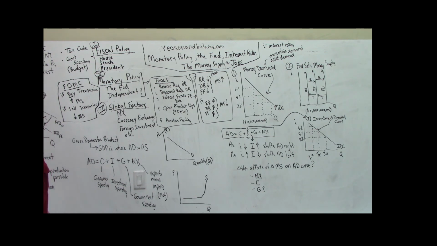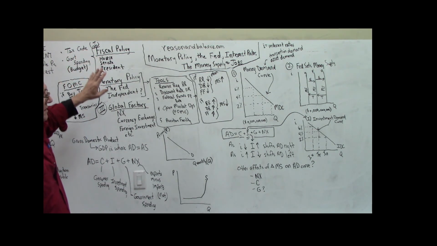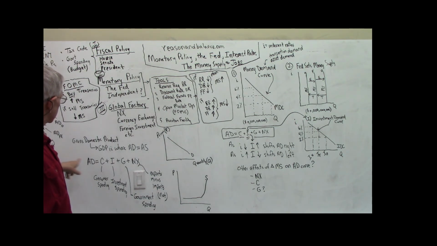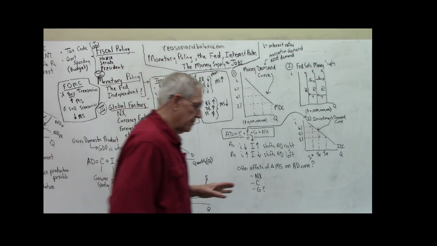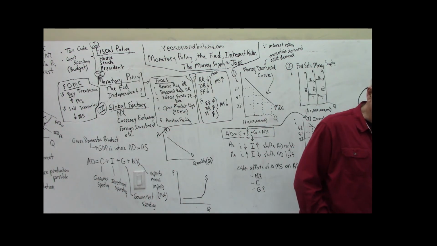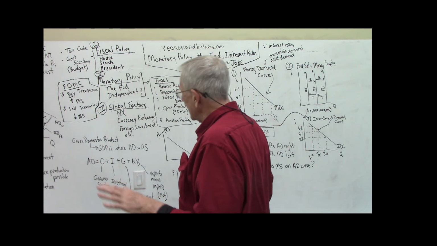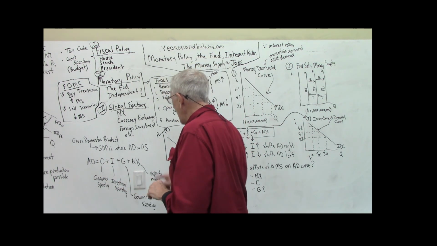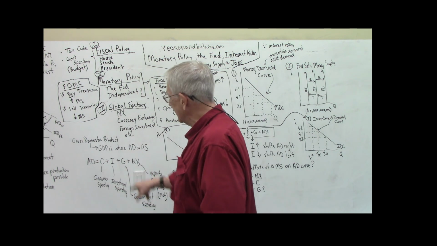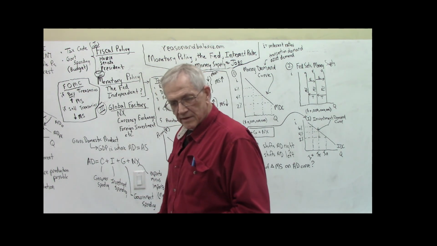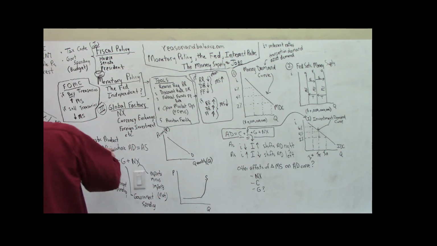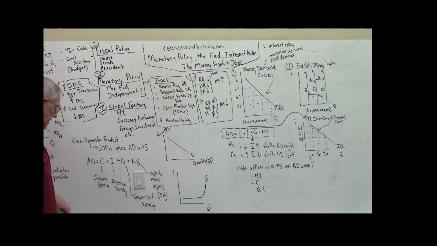Okay. All right. Now, how's all this stuff related? We learned last time that gross domestic product, that's the health of the economy, all the goods and services produced by the American economy, is at that place where aggregate demand, AD, equals aggregate supply.